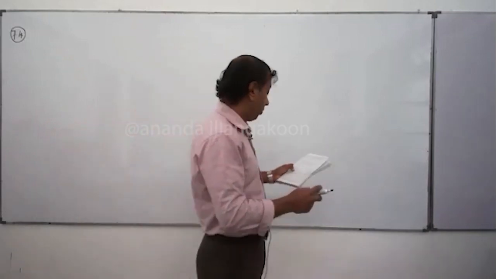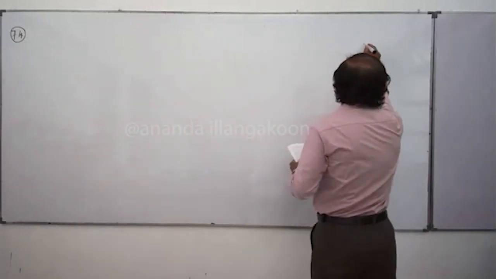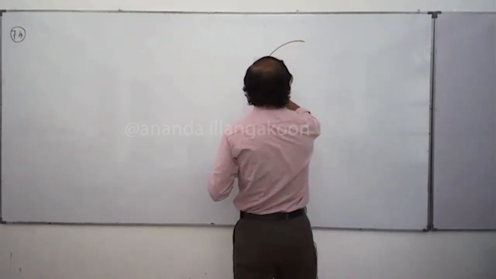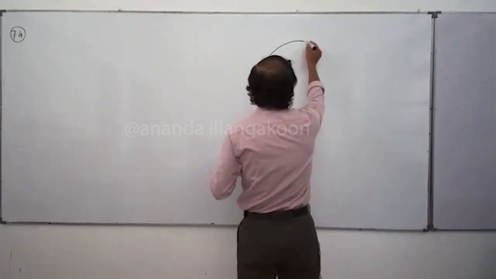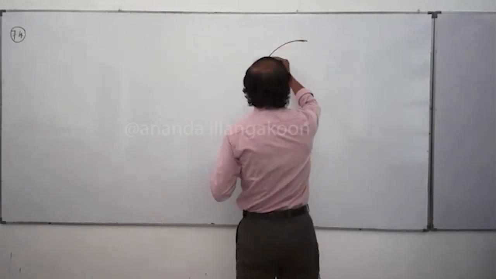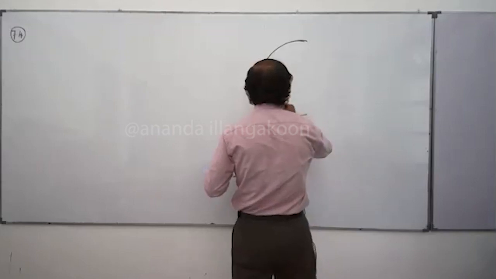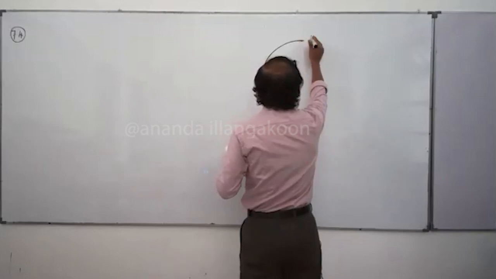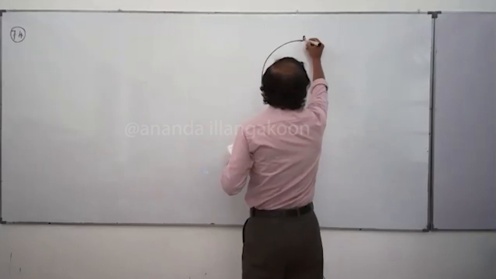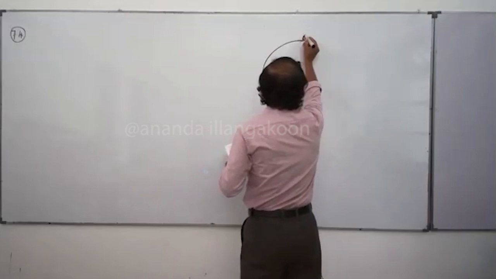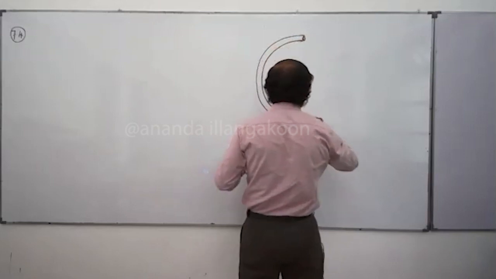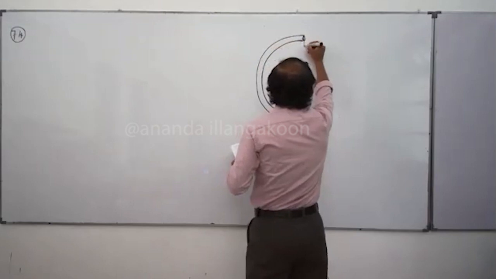First we'll draw the diagram here. A semicircular tube like this. The clear diagram is important.